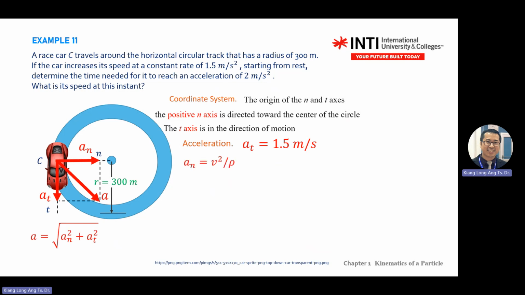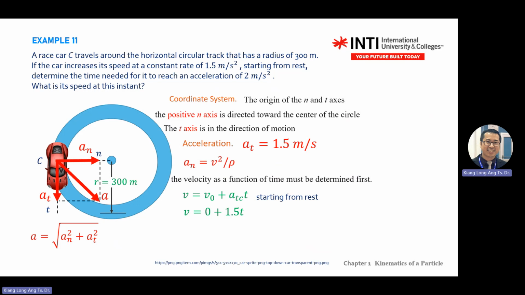Now, you know an equals v squared over rho. Substitute. You can use the equation v equals v0 plus at, because acceleration is constant in this case. Starting from rest, the velocity you don't know, but you know the acceleration in the tangent direction is 1.5.